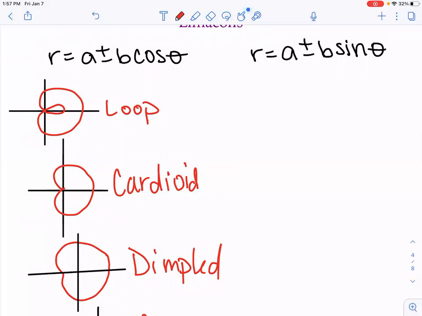If A over B equals 1, we have a cardioid. So if A and B are the same, we get that cardioid. Where there is a corner, I bet that corner will come into play when we start our calculus on Monday. Like on Monday, we're going to start talking about polar derivatives.